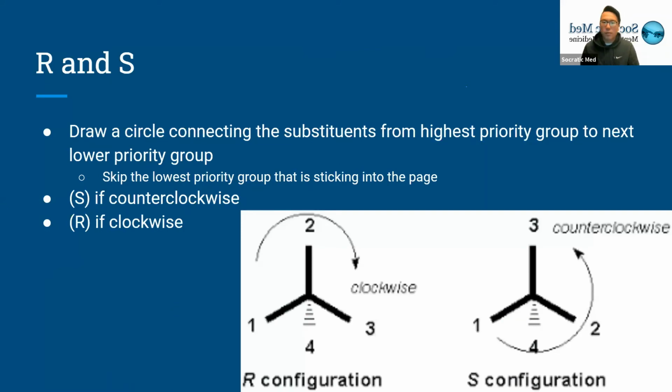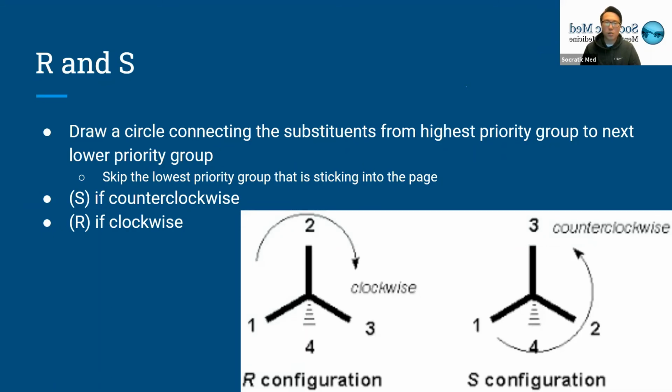And then, to show the absolute configuration of the chiral center, you draw a circle connecting the substituents from highest priority to the next priority group. So you would go from 1 to 2 to 3, and then the 4th priority group, which is the lowest one, would be the one sticking into the page, so you don't count that when drawing the circle.